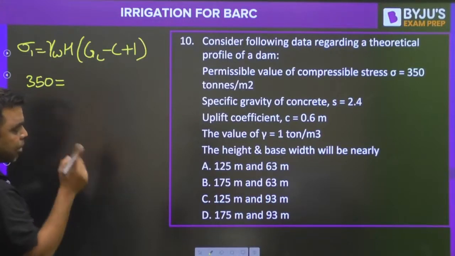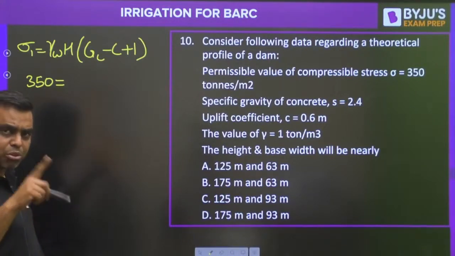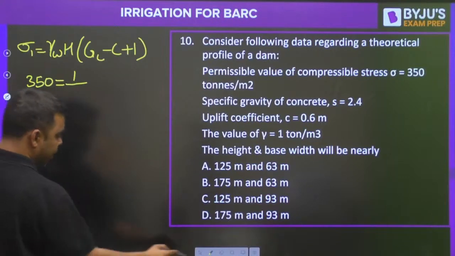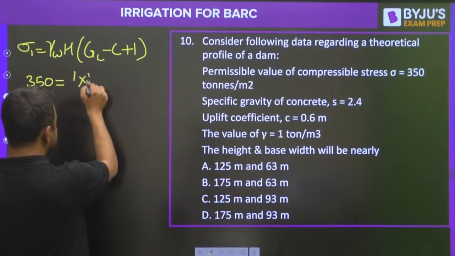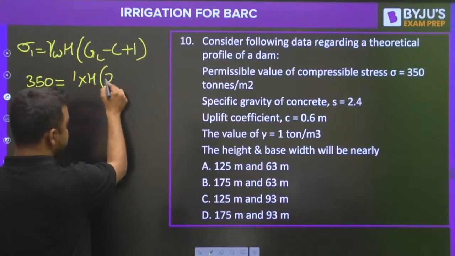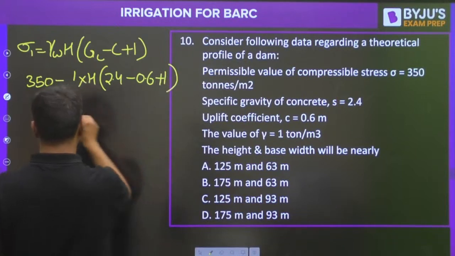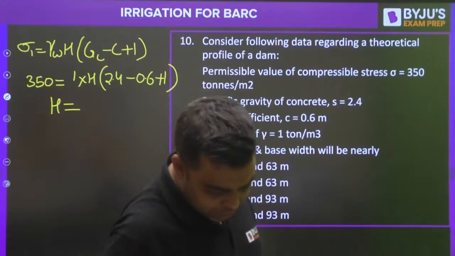Gamma W will be how much? 1000 kg per meter cube, and 1000 kg is 1 ton. So the value of gamma W will be simply 1, into H, G_c that is 2.4, uplift coefficient 0.6 plus 1. So the value of H is coming.